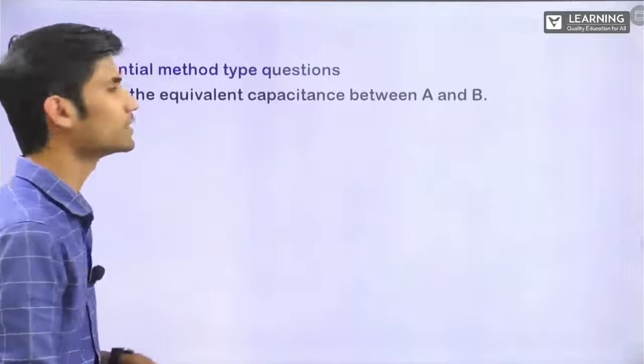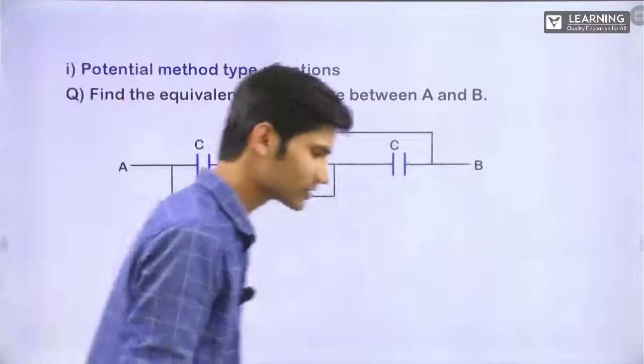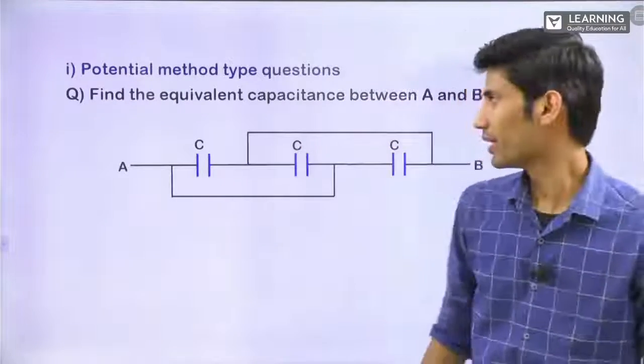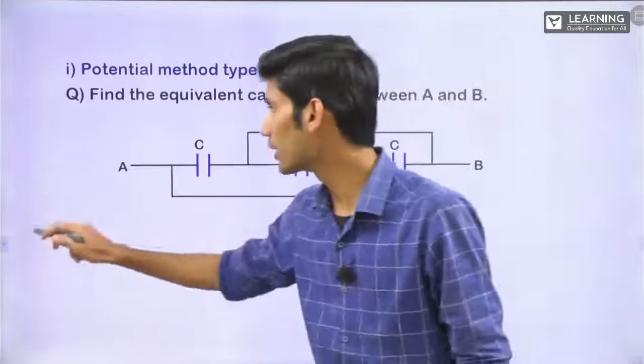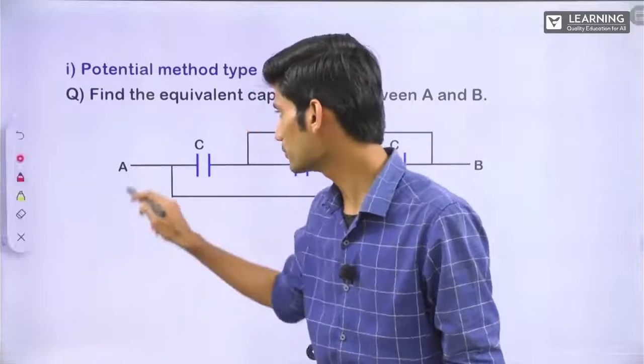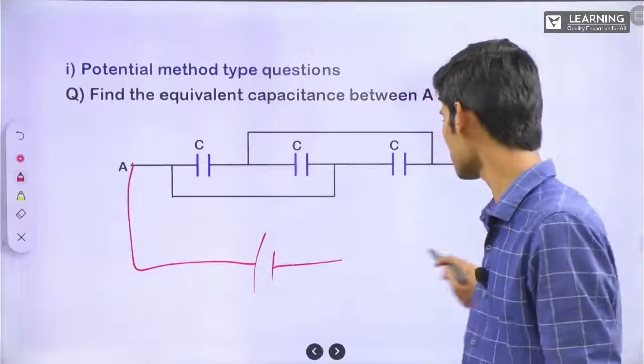Find the equivalent capacitance between A and B. So here you are given a circuit. Let's say across A and B, a battery is connected, fine.